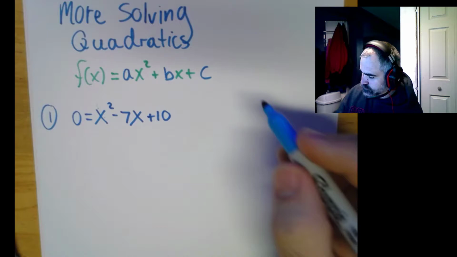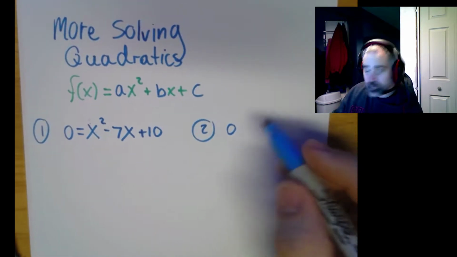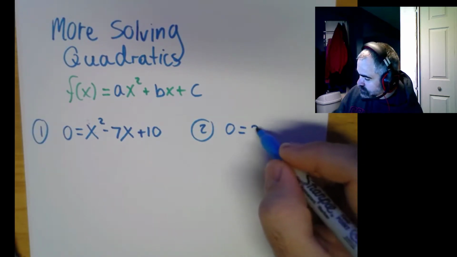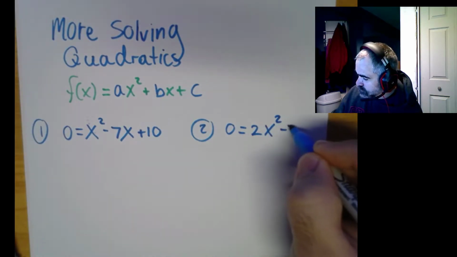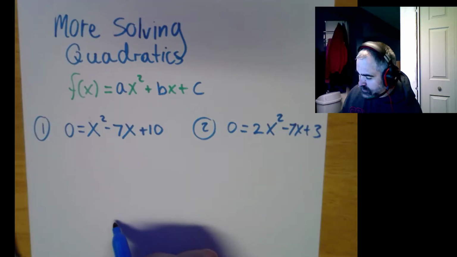Number 2 is going to be a little trickier. Let's move that down just a little bit. All right, and number 3 we talked about yesterday. Let's see what you guys can do with number 3.